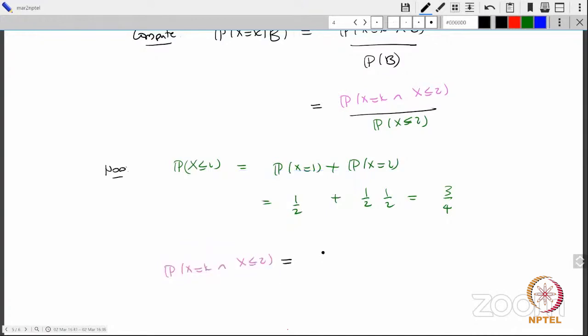So x is equal to k and x less than or equal to 2. If k is at least 3 and above, this probability is 0 because x can't be equal to 3 and less than or equal to 2. So only let's do k equal to 1. If k is equal to 1, this is the same as the probability x equal to 1, because if x is equal to k and x less than or equal to 2 and k is 1, then the only chance is k equal to 1. So it's going to be a half. And k equal to 2 and x less than or equal to 2 means that x has to be equal to 2, and that's just a quarter. From the top part, it's just a quarter.